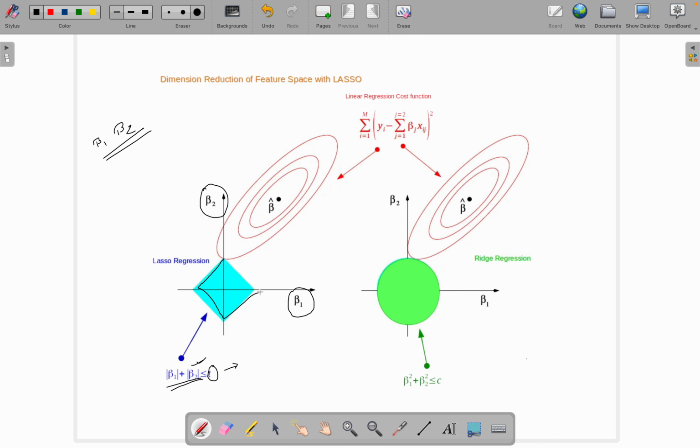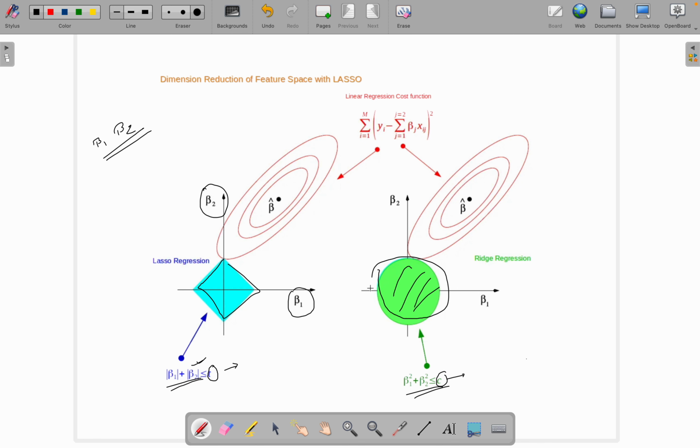We know that in ridge we penalize with the sum of squared coefficients, and this is some random value c, so all the inner points we can consider.